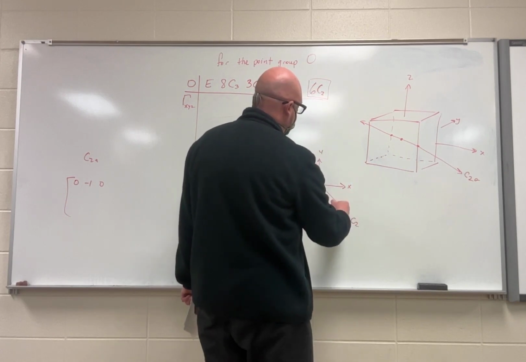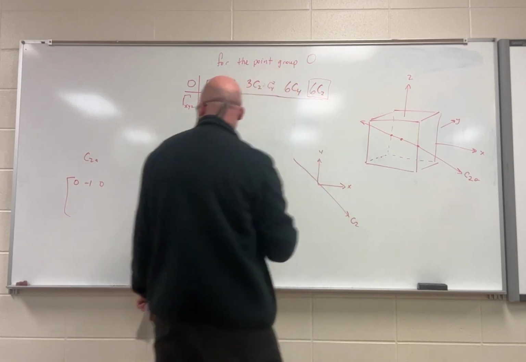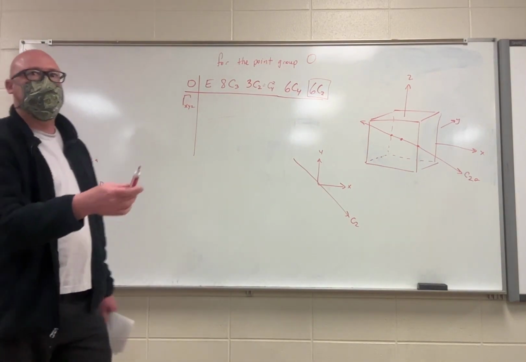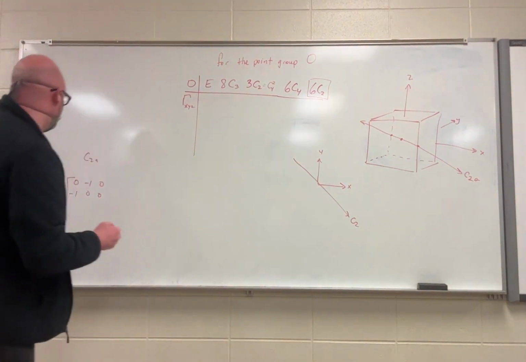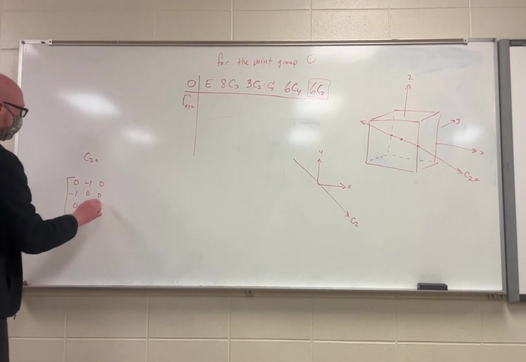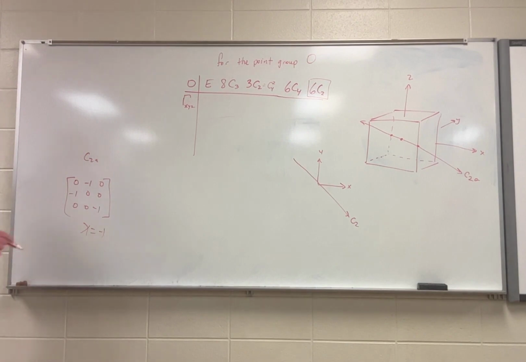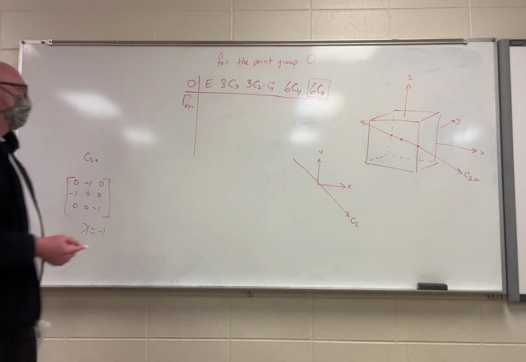So X goes to -Y, Y goes to -X, and then Z will go to negative Z, right? So for the character, that matrix equals -1, right?